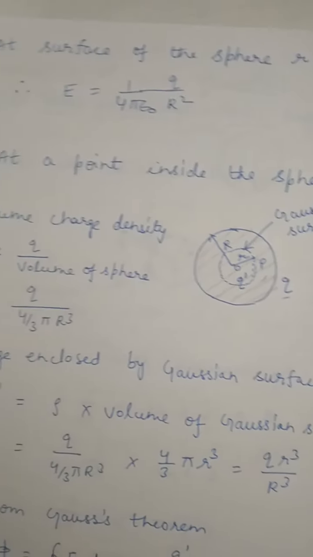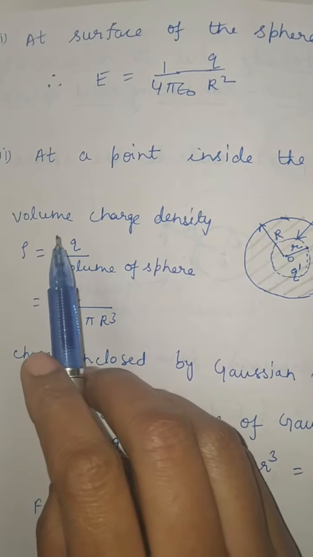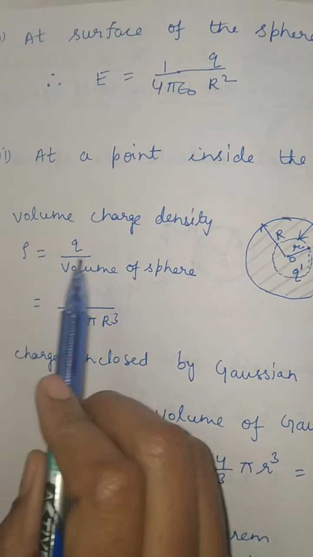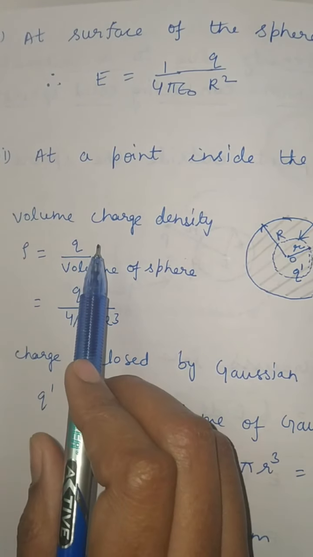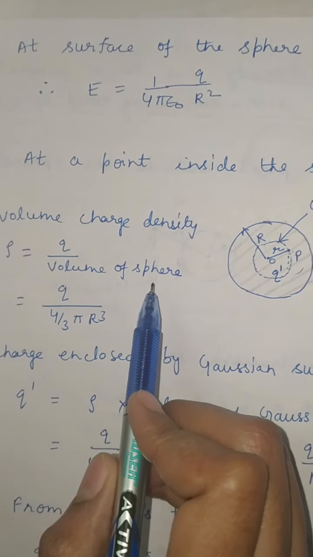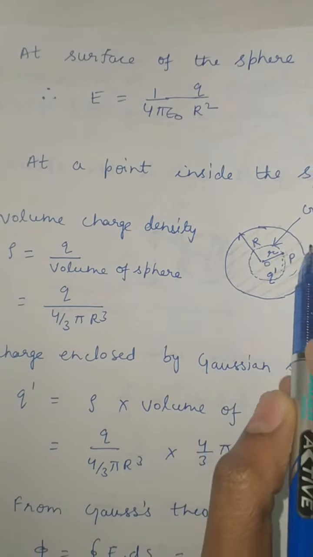Now we know the volume charge density. Here we are defining the volume charge density rho. Rho is the symbol of the volume charge density. It is defined as Q, the total charge, divided by the total volume of this charged sphere.